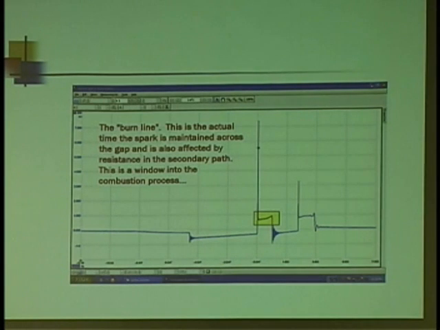The burn line is really the most interesting part. That's where the meat of the diagnostic information is. Because here you're looking again at that quick spark arc that you watch on the outside of the car. That's that line. And I'm watching that spark over the amount of time it takes to complete its burn. Again, if it's rich, it's not going to take as much to start.